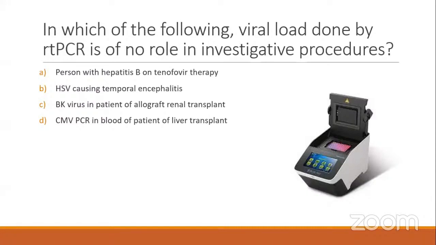In all the other conditions, as I have told, for hepatitis B therapy, I have earlier mentioned that we require real-time PCR for quantification. Then in BK virus for allograft renal transplant also we require quantification. CMV is detected by quantitative DNA PCR, especially in blood or sometimes even in a urine sample.